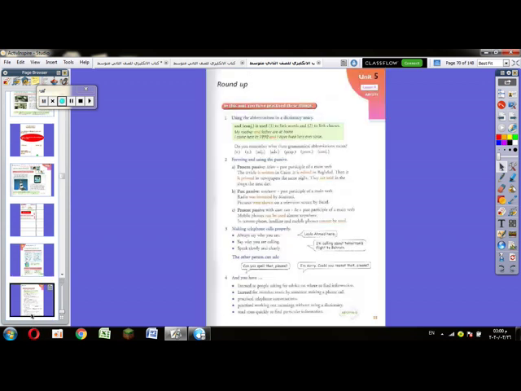We move to lesson 9. In lesson 9, we have revised language from the unit revision. As we can see, it's Round Up.